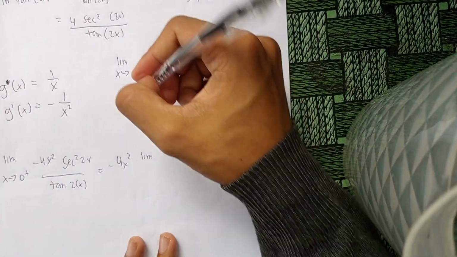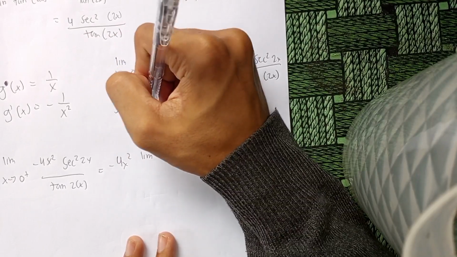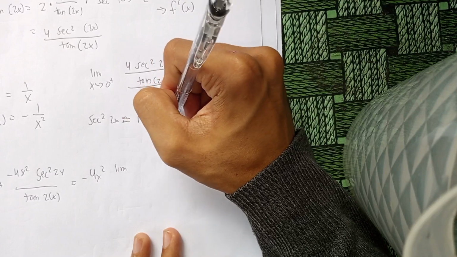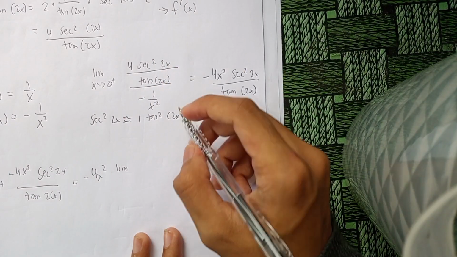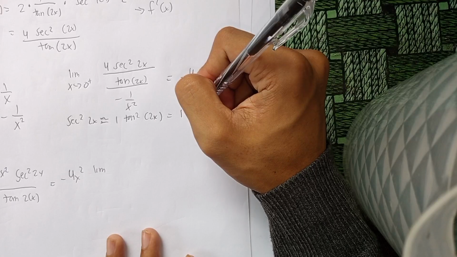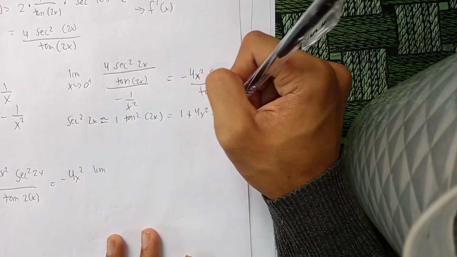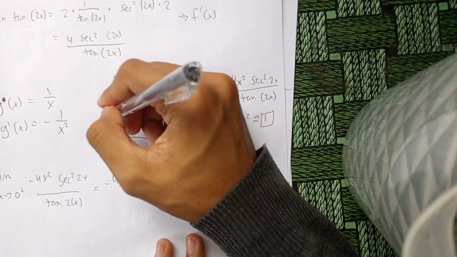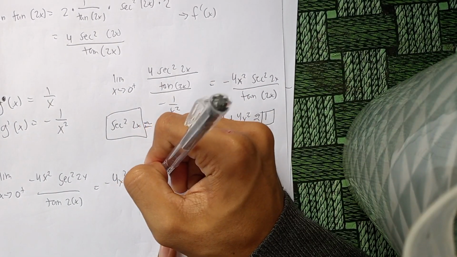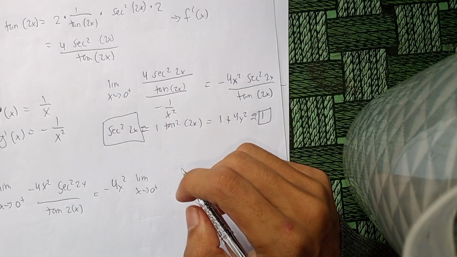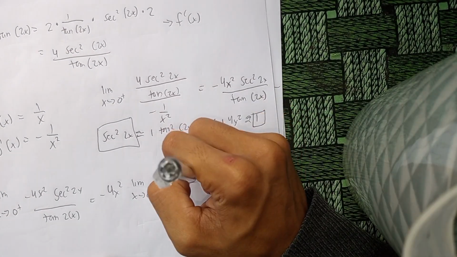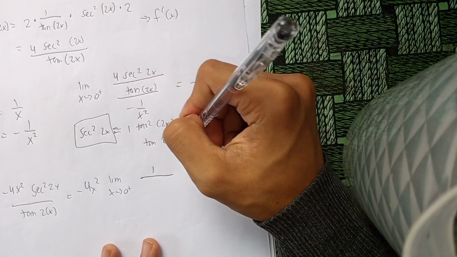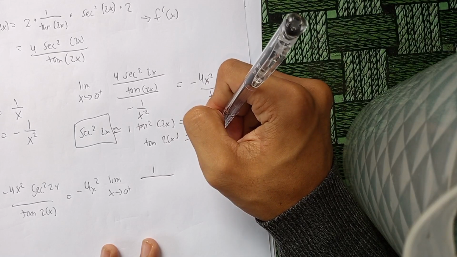Secant squared 2x is approximately 1 plus tan squared 2x, or approximately 1 plus 4x squared, or approximately 1. So secant squared 2x is equal to 1, all over, and our tan 2x is approximately equal to 2x.